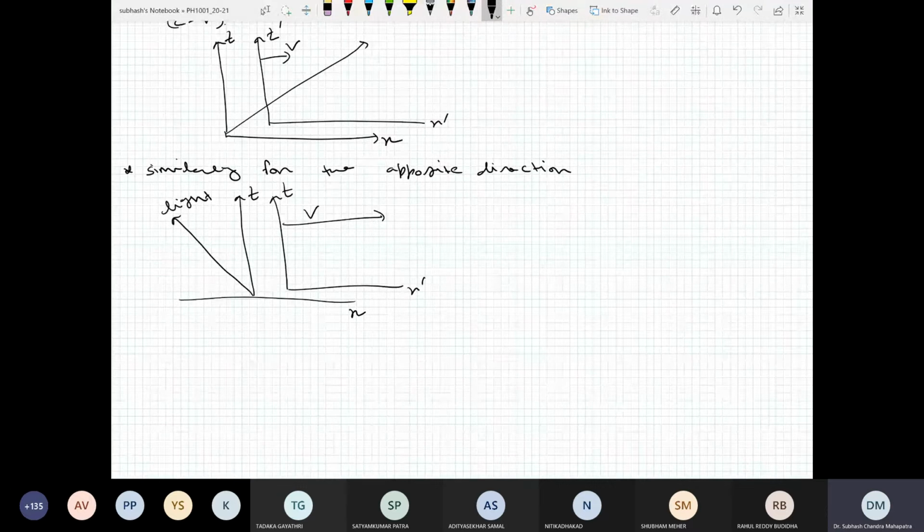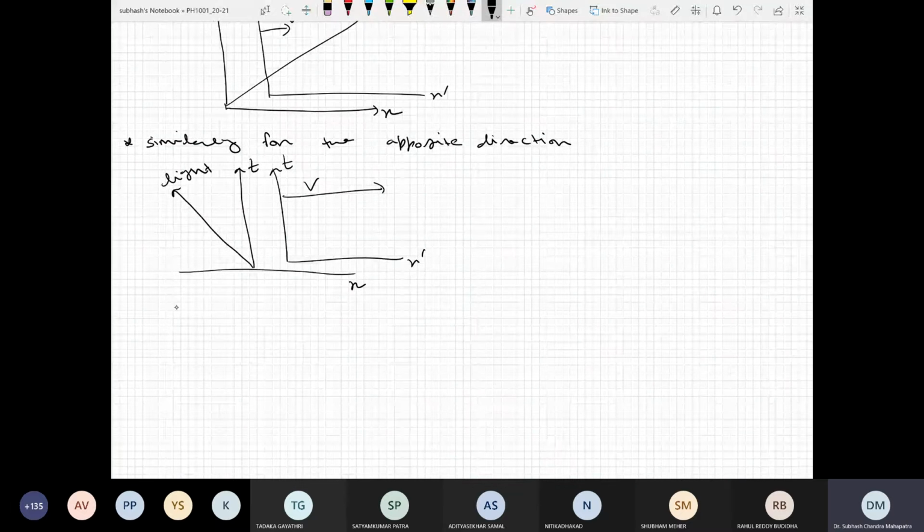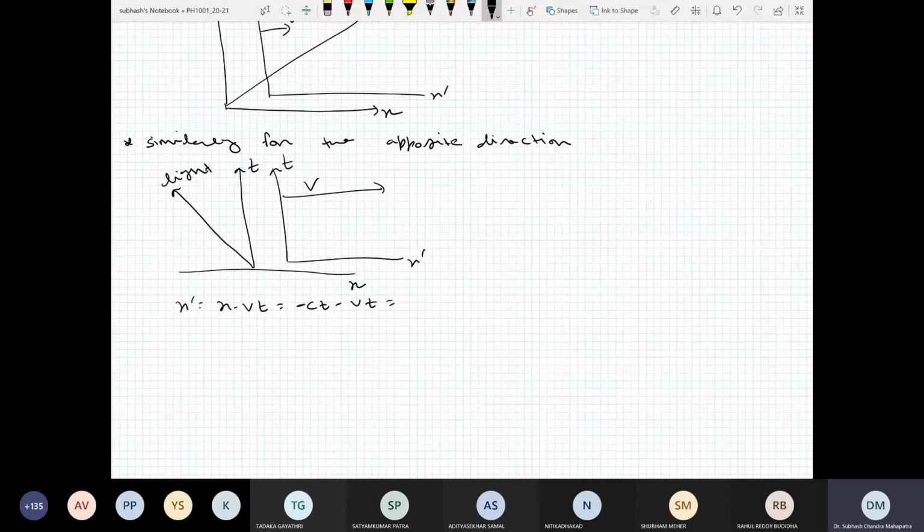So what is the velocity of this light with respect to me? Again, x prime is x minus vt, so that means minus ct minus vt, which is minus (c plus v)t.